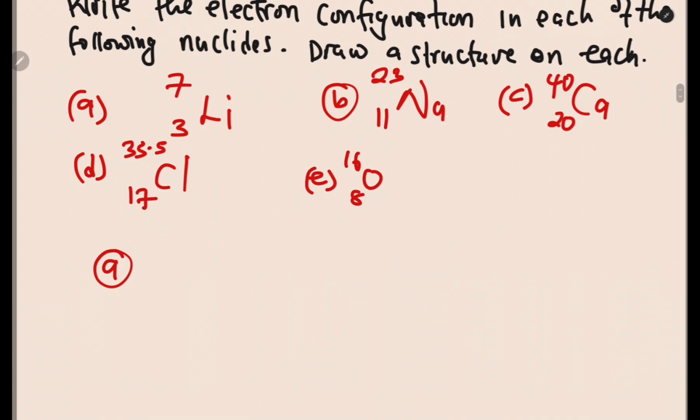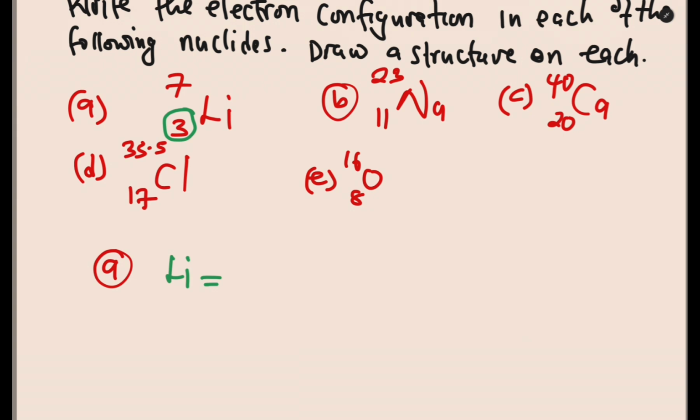So for A, which is lithium, let us write its configuration. Okay, so to write the configuration for lithium, we normally use the atomic number to assign the configuration. And one thing you should know is that an atom is electrically neutral, meaning the number of protons is equal to the number of electrons.